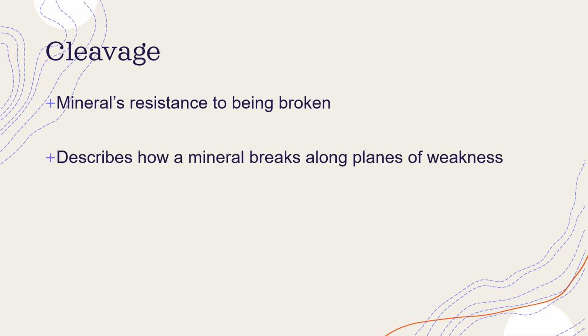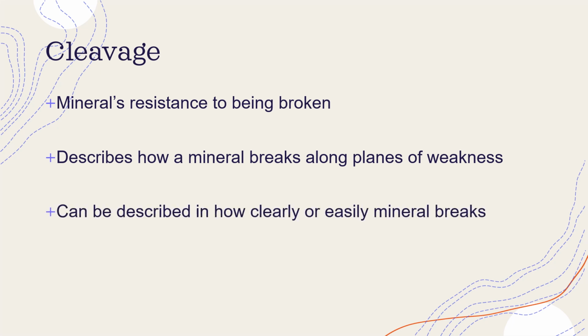Next, we have cleavage. Cleavage refers to a mineral's resistance to being broken. It describes how a mineral breaks along planes of weakness. The quality of cleavage can be described in how clearly or easily the mineral breaks. So it can be perfect, good, distinct, poor, or indistinct.